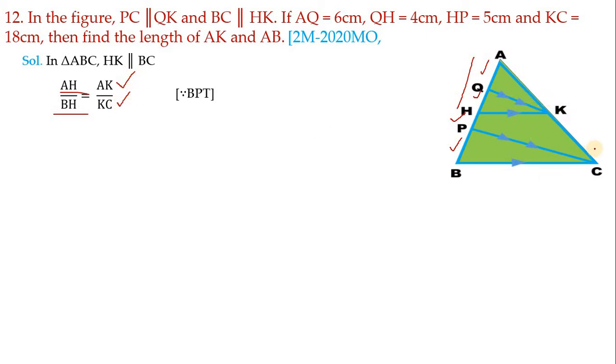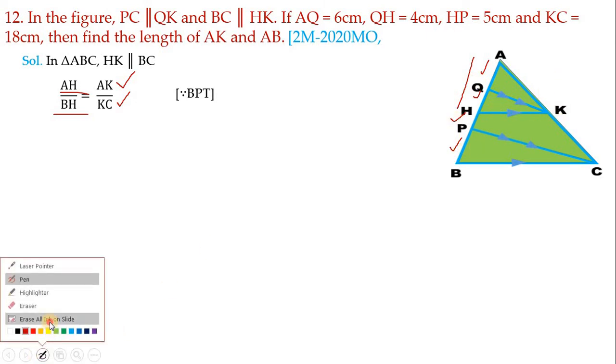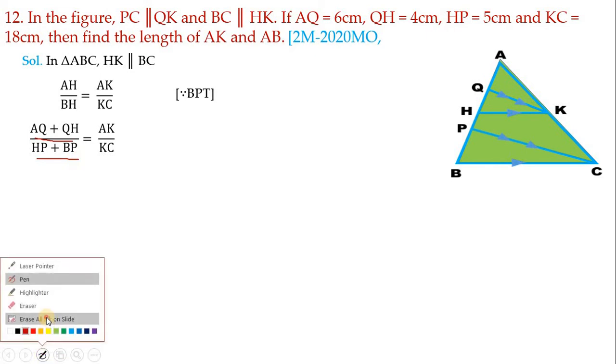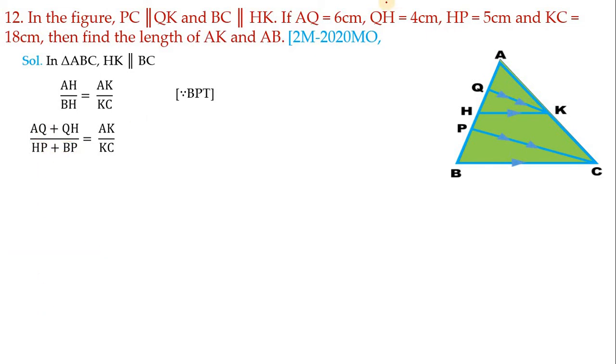On the right-hand side there is no such adding of things, so let it be as it is. So AH I can write like this, AQ plus QH, and BH I can write as HP plus BP. Now substitute the values. Where is AQ? AQ is 6 cm, so here we write 6, plus, and where is QH? QH is 4 cm.